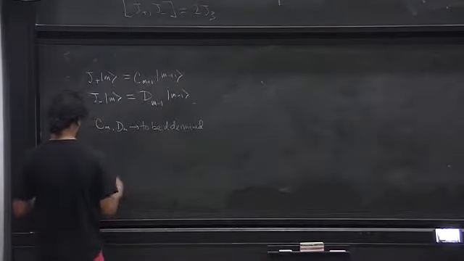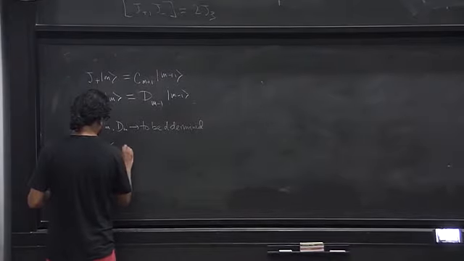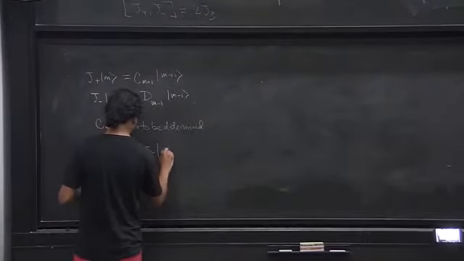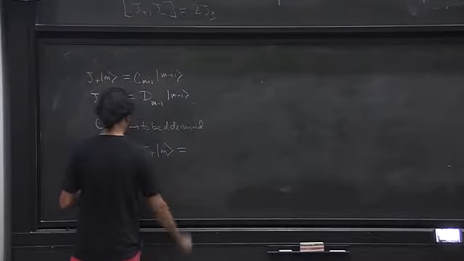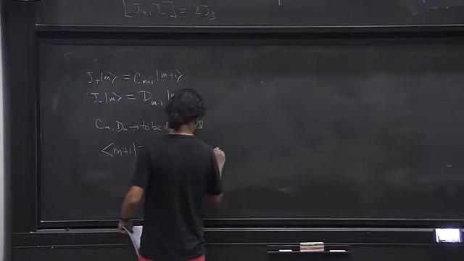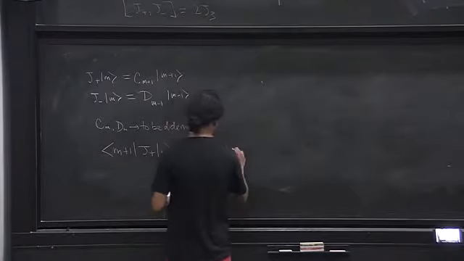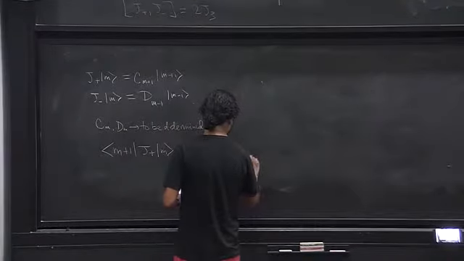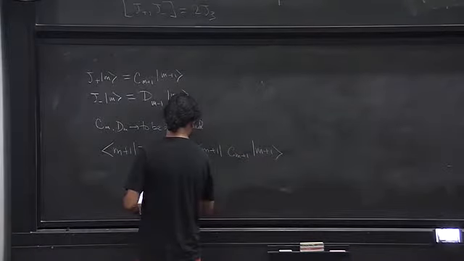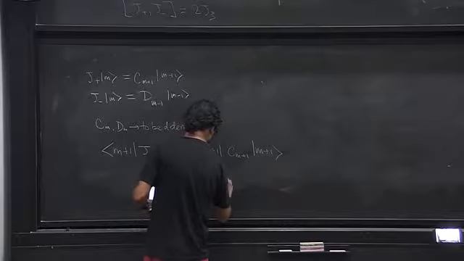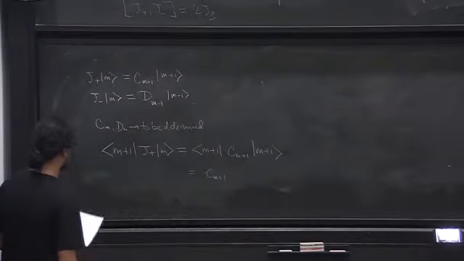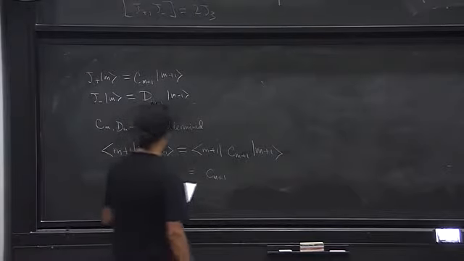So consider this object, where I know this is just a number, and the m plus 1 is normalized, so this becomes that.